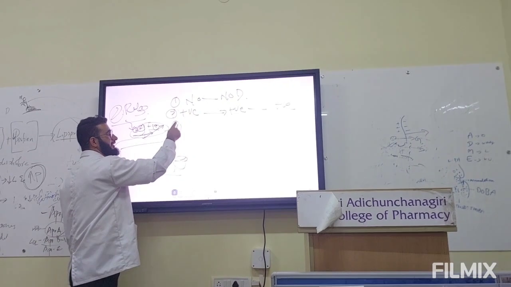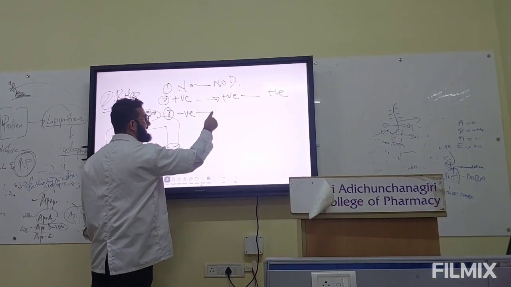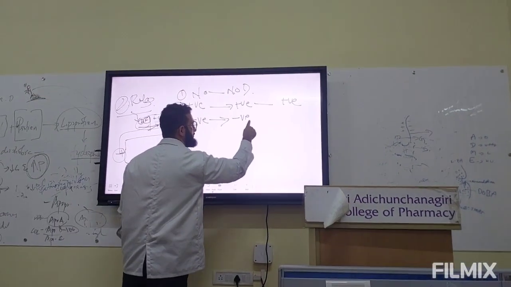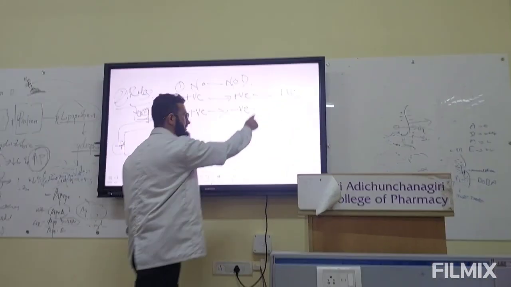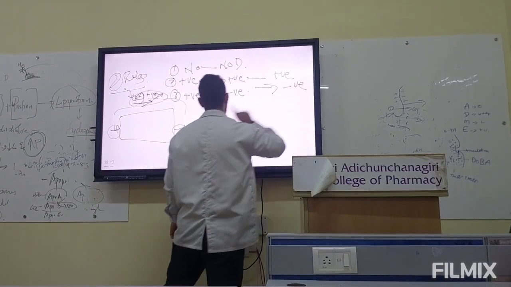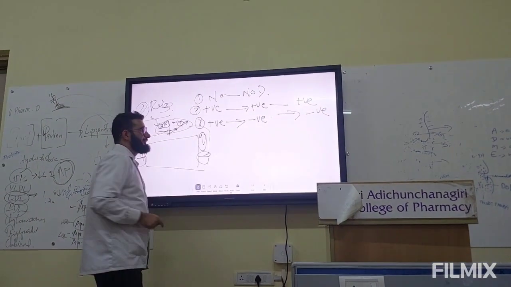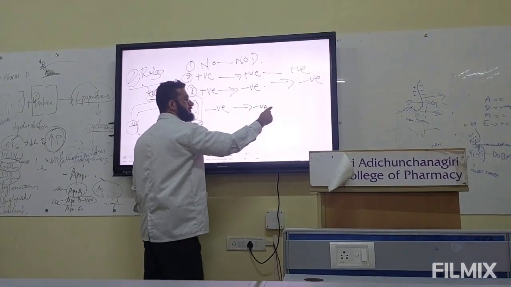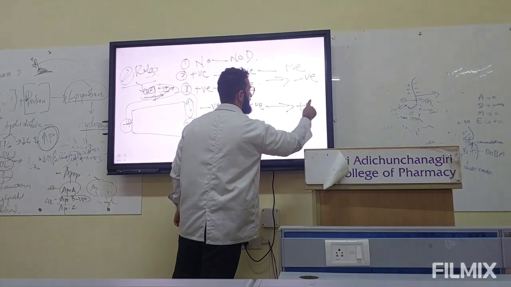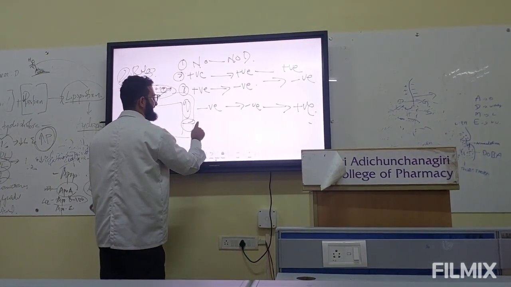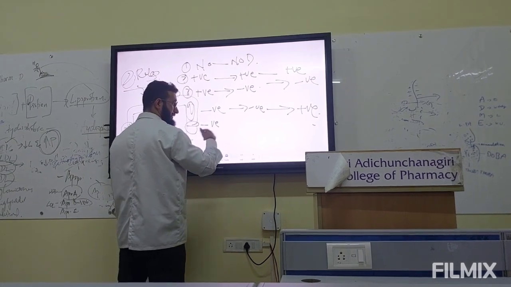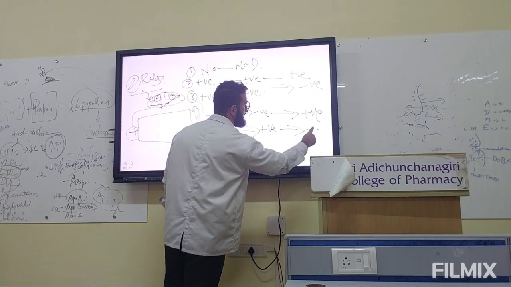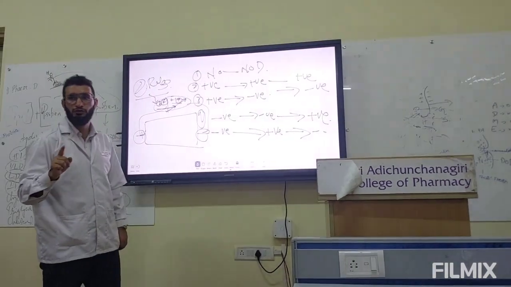Third rule is when the positive current is moving towards the negative terminal of the electrode, deflection is negative. Fourth rule is negative current towards negative terminal of electrode, deflection will be positive. Then negative current towards the positive terminal, deflection will be negative.